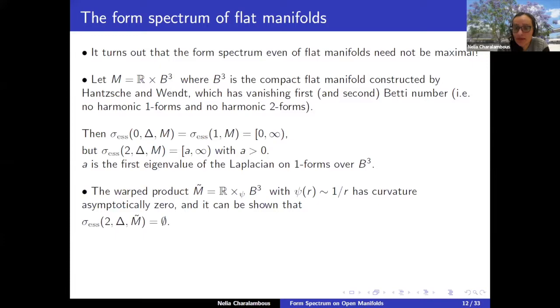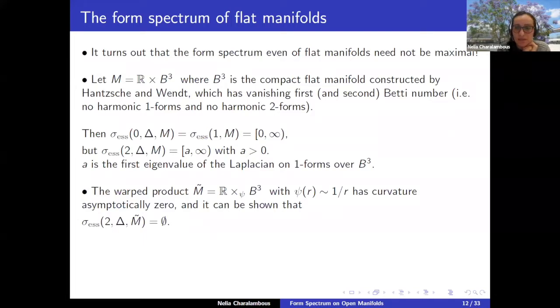At the same time, if we take the warped product of R by this 3-manifold, and our warping function decays like 1 over R at infinity, away from a center, asymptotically 0, in this sense, we can prove that the essential spectrum of the Laplacian on 2 forms is empty.